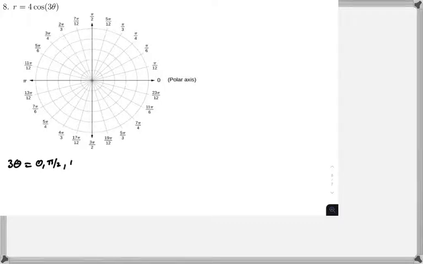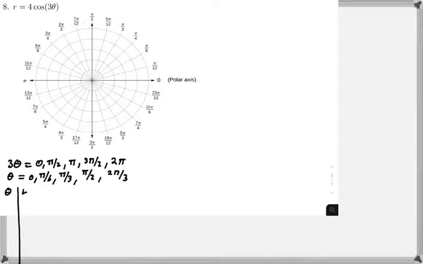So what we need to do to solve for theta is divide by 3. So 0 divided by 3 is 0. Pi over 2 divided by 3 is pi over 6. Pi divided by 3. 3 pi over 2 divided by 3 is pi over 2, and then 2 pi divided by 3.